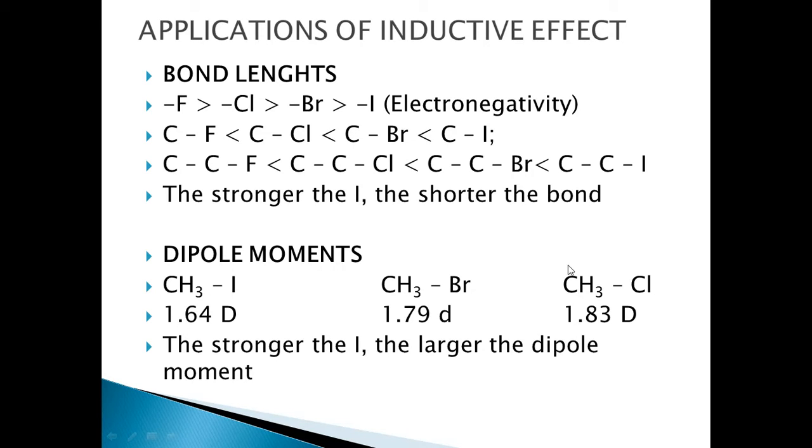And notice that the molecule which has the chlorine atom has the highest dipole moment, while the molecule which has iodine, the least electronegative, the least inductive effect, has the lowest dipole moment. In other words, the stronger the inductive effect, the larger the dipole moment.